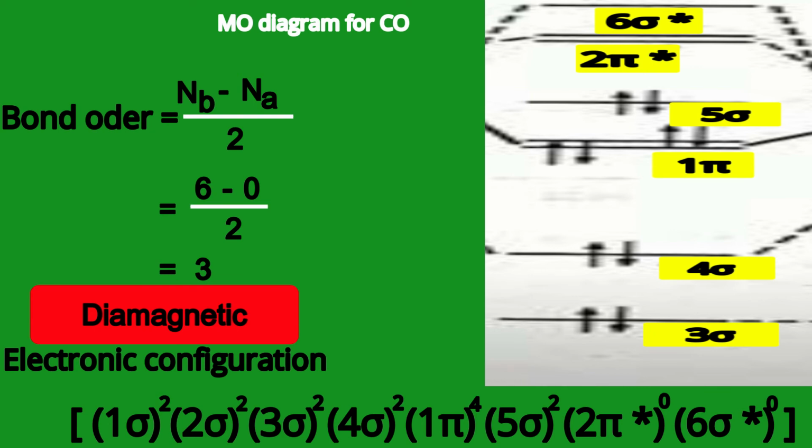Last time we could not explain that because all outer electrons were involved in the bonding. Now, the 5 sigma orbital electrons which are not involved in the bonding during formation of carbon monoxide can be used to form coordinate bond to the metal ion. Therefore, ligand tendency of carbon monoxide can be properly explained.